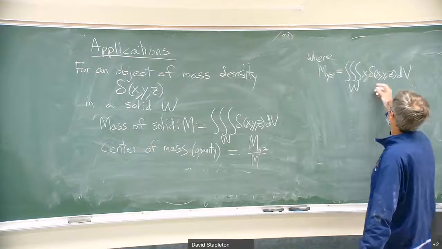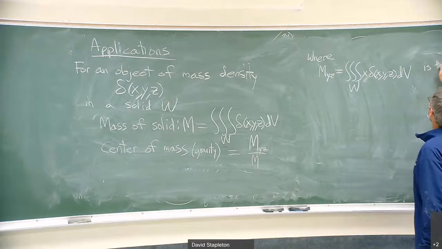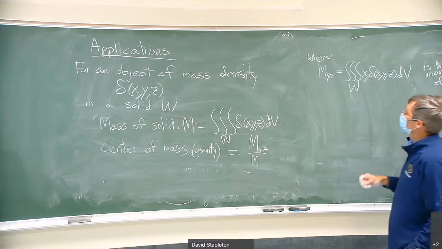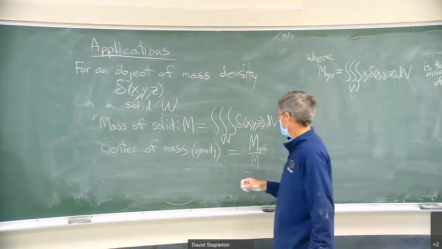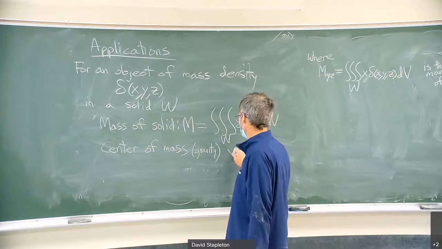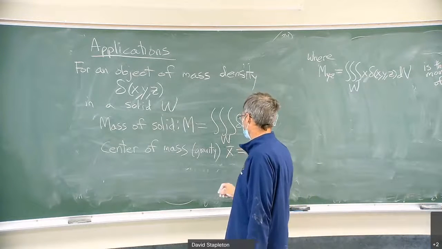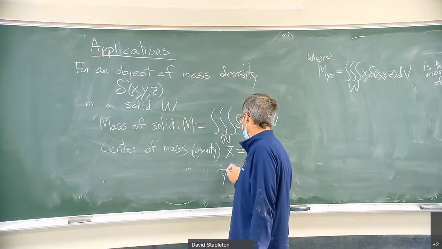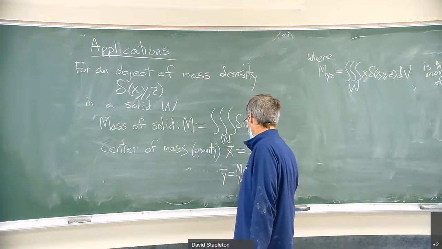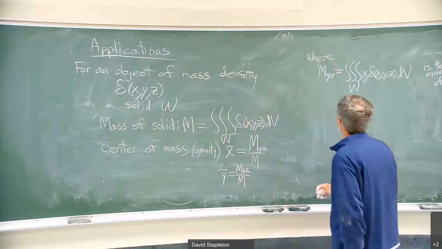So they call this the moment of mass about the YZ plane. And then similarly, you can compute, this is x bar, the x coordinate. And then y bar, the y coordinate, is MXZ over M, where M is the mass you just computed.